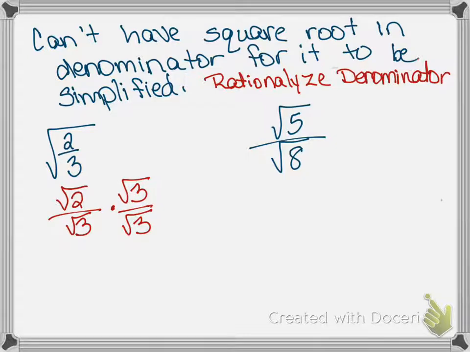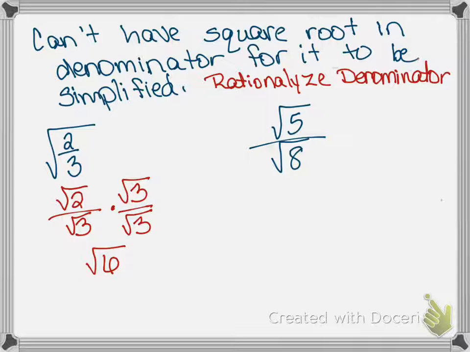So when I multiply by the square root of 3 over the square root of 3, I am multiplying by 1, and I'm not changing the value. When I multiply the square root of 2 times the square root of 3, I get the square root of 6.